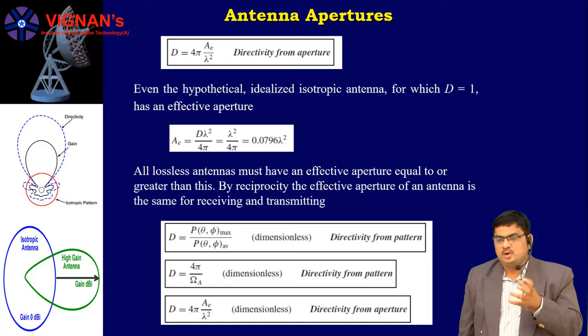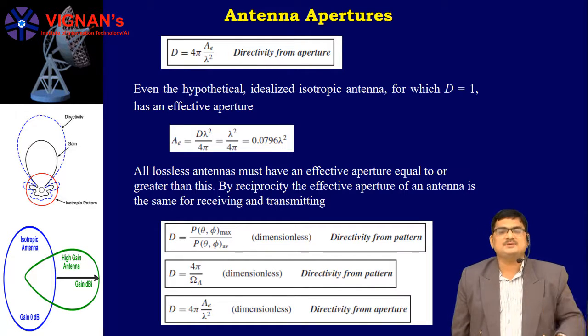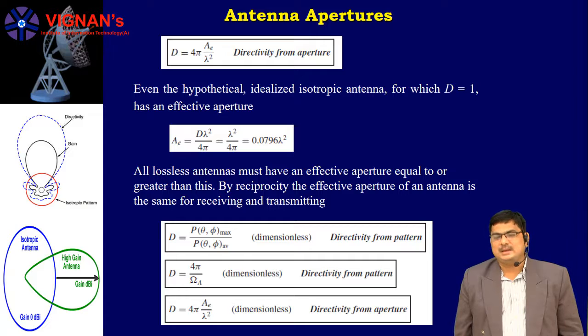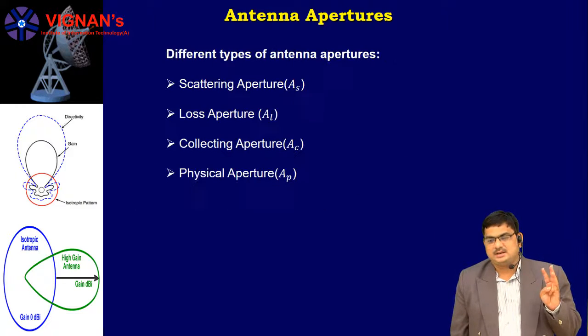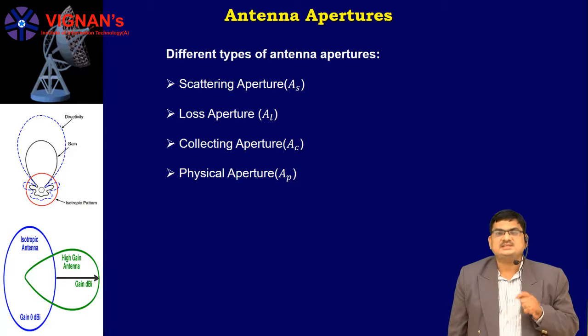We know there are different types of apertures: the scattering aperture, loss aperture, collecting aperture, and physical aperture. So scattering aperture AS, loss aperture AL, collecting aperture AC, and physical aperture AP. What is the scattering aperture?